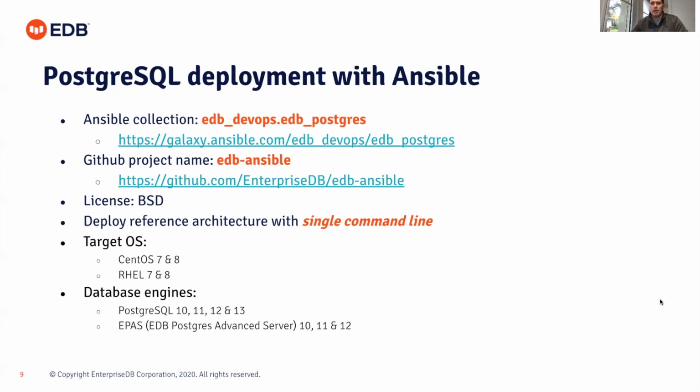This collection helps users to deploy a reference Postgres architecture with a single command line. The operating systems supported on target instances are CentOS and Red Hat Linux in versions 7 and 8. It supports 2 types of database engines, which are Postgres and the EDB Postgres Advanced Server.